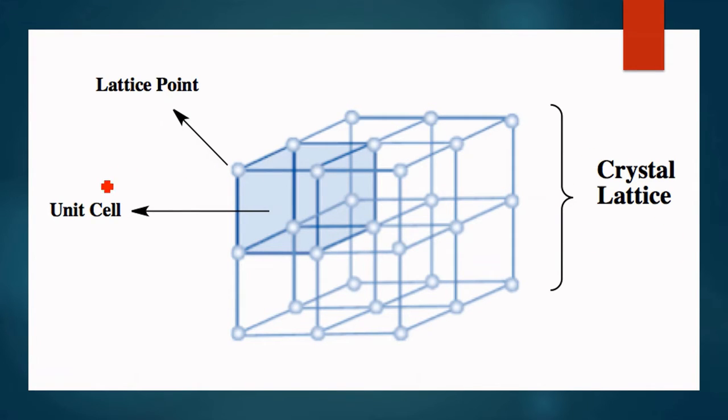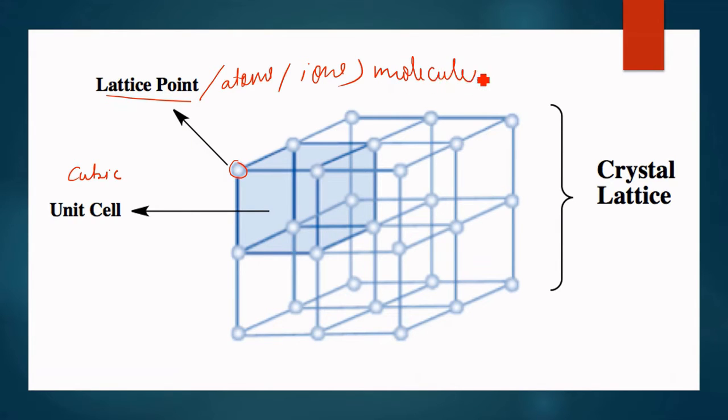And we suppose unit cell is a cubic structure. So the cube has vertices, and these vertices are actually called lattice point, and they are occupied by atoms or ions or molecules. Those all are called constituent particle of a crystal lattice.